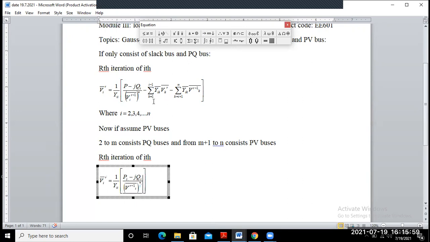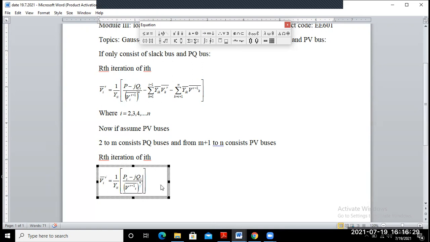If you put k equal to 1 here, then we write Y I k V k to the power of 1. Since this one lies in PQ buses, V 1 is the previous value, equal to 1.